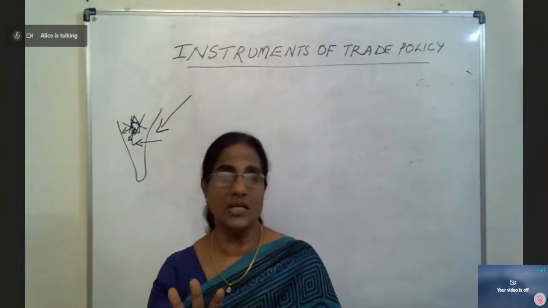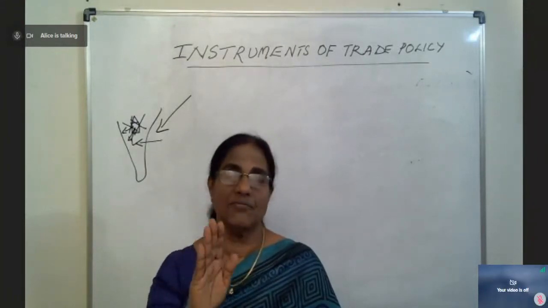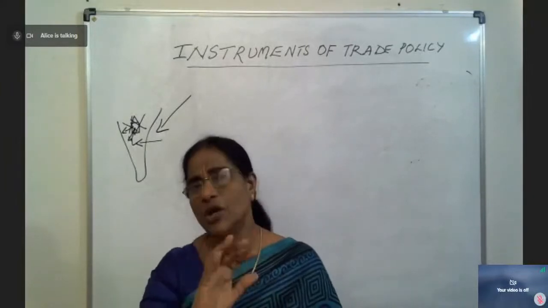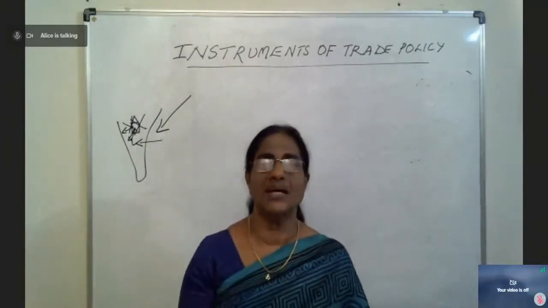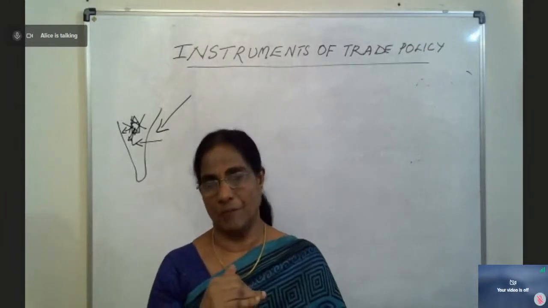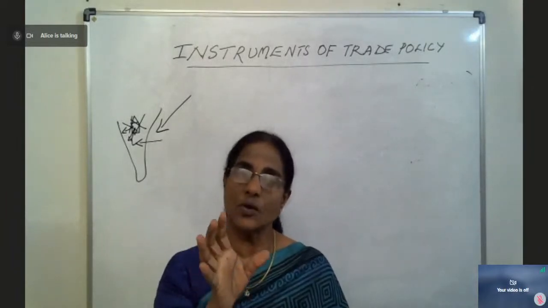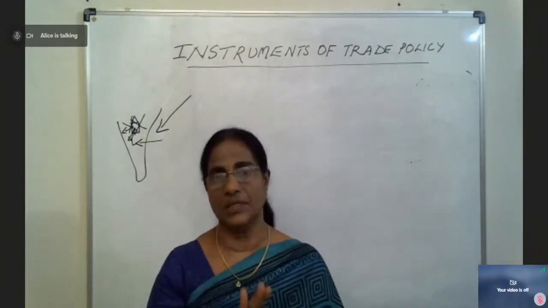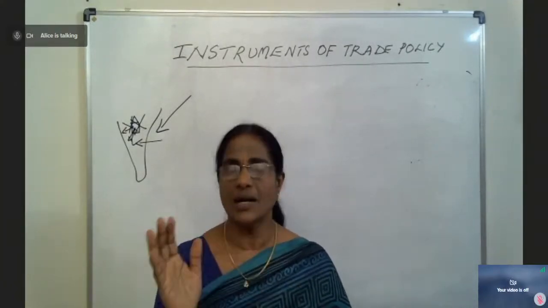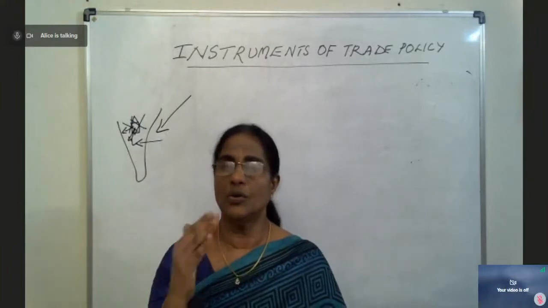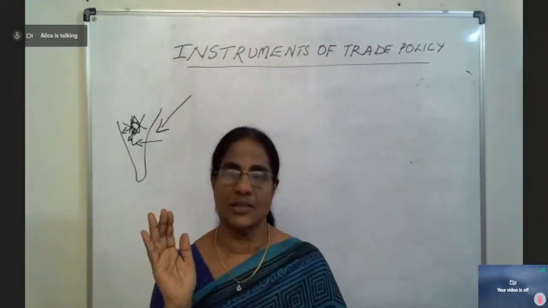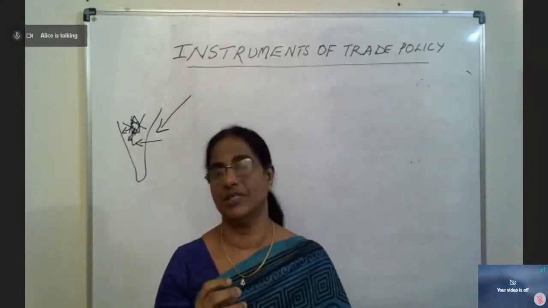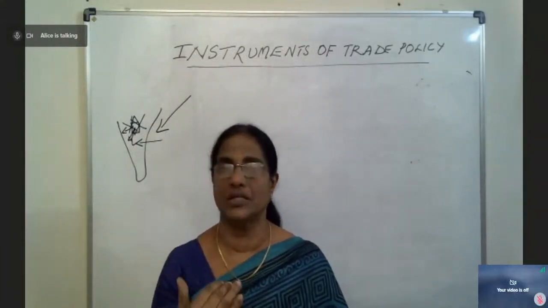So a trade policy consists of, when you learn this chapter, you cannot actually divert much from the textbook. Okay, because these are all universally given definitions of terms. You go to any international trade textbook, you will find the same terms and the same definition. So that's why you have to read the textbook.